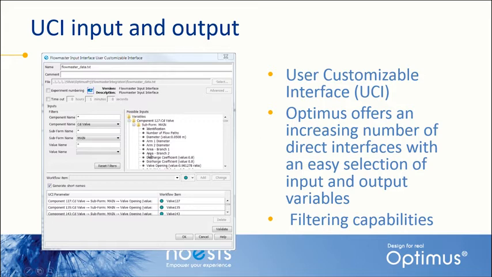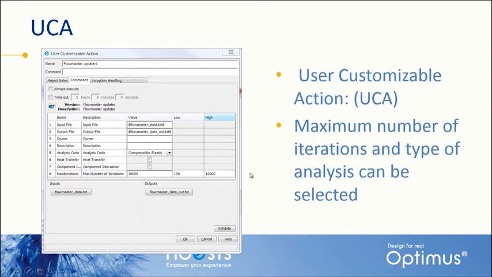After you've selected your parameters, you simply add those to the workflow. After you've specified your input and output parameters, you're ready to place a user customizable action. This action gives the user a few options that they can select for running Flowmaster, and is then responsible for launching each individual instance of Flowmaster.